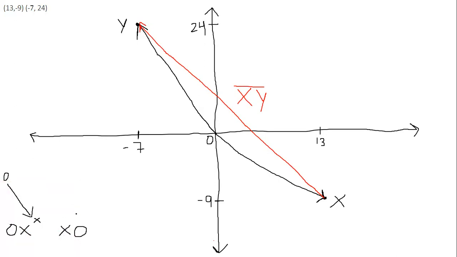So we would start at X, just like now, and end at O. So our direction would change.